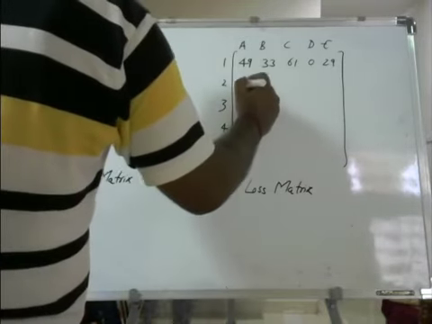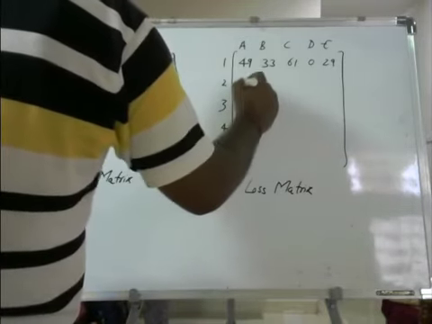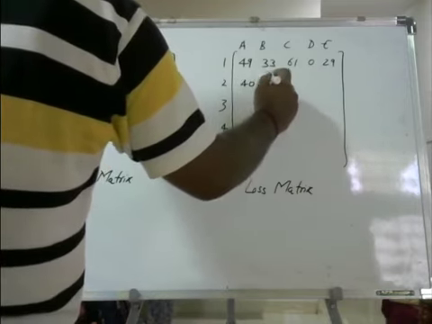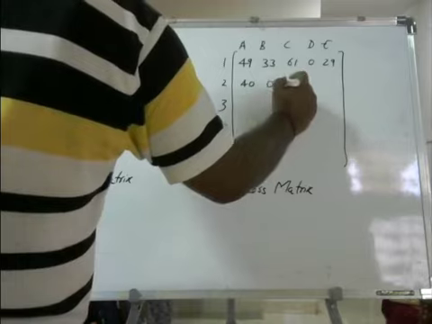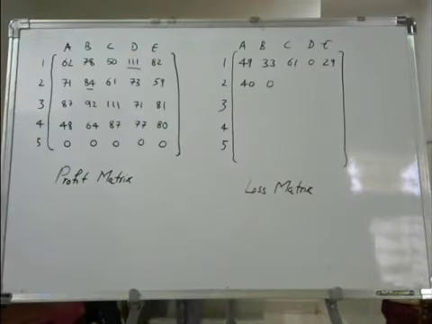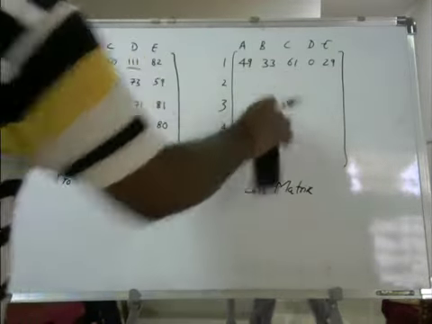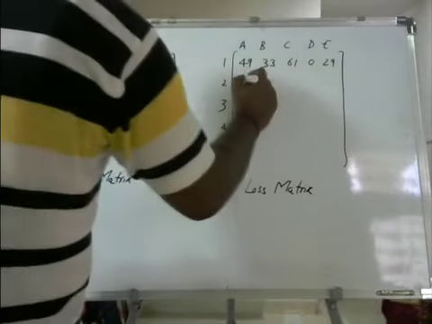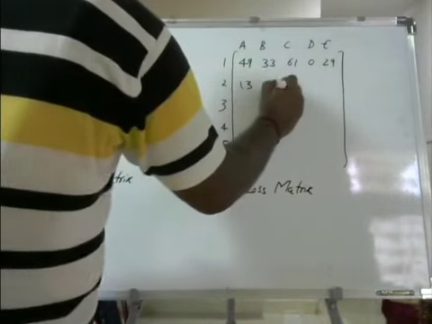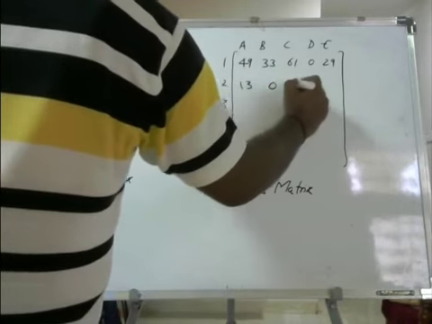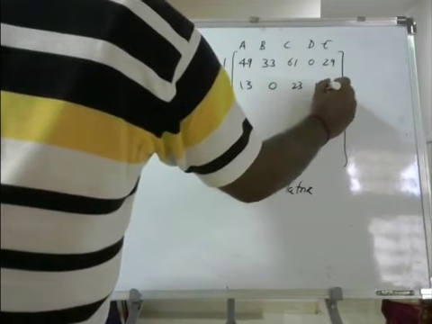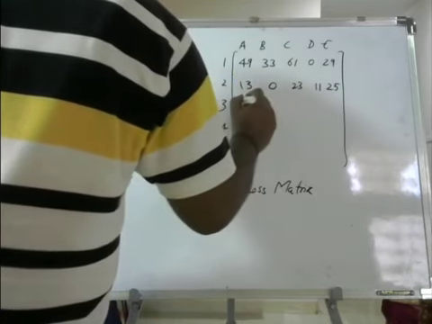So 84 minus 71, that is 13, 0, 23, 11, and 25.